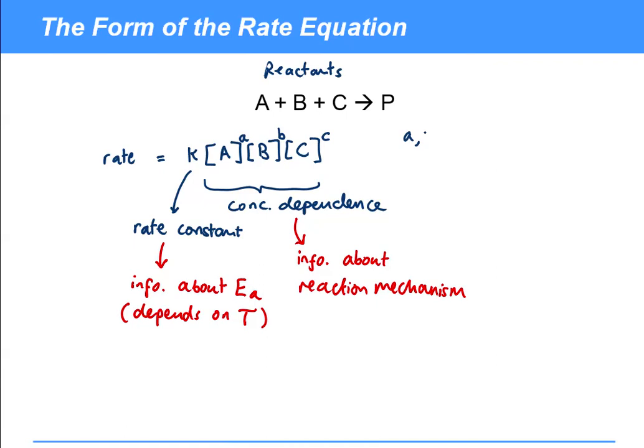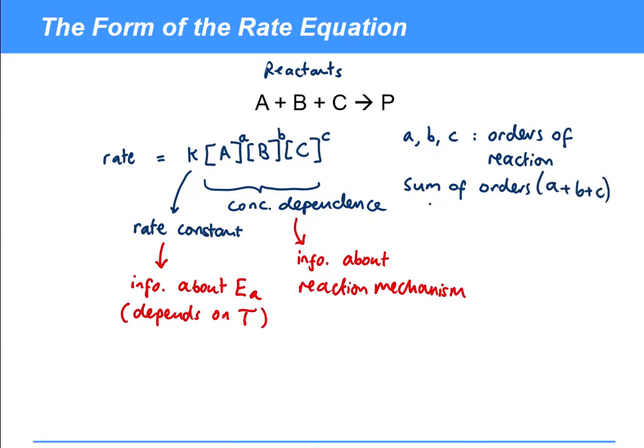And a, b, and c here are known as the orders of reaction with respect to A, B, and C respectively, and the sum of orders, so that's a plus b plus c, is the overall order of the reaction.